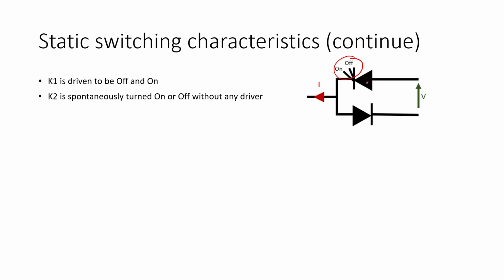It doesn't mean this is a diode, okay? It's just because now we don't say that we employ some particular components. We just say this branch you can turn on and turn off, and this branch you cannot drive. It can be turned on or off by the circuit itself, right?